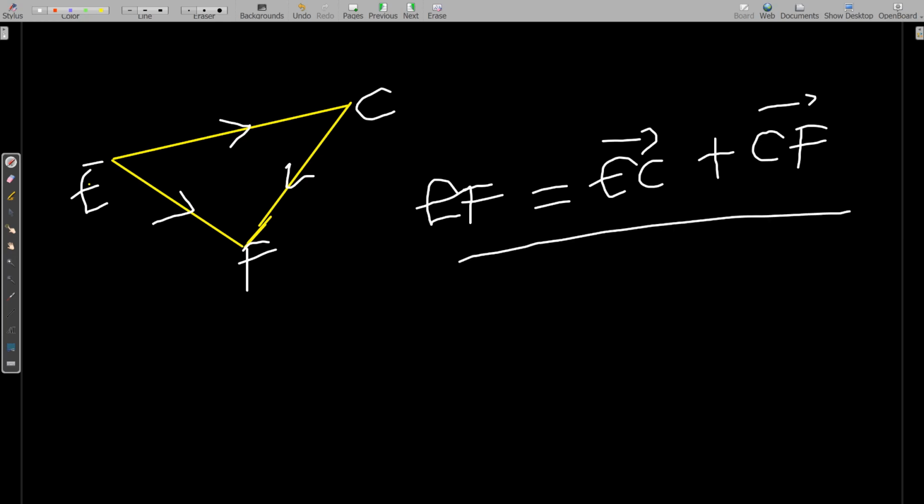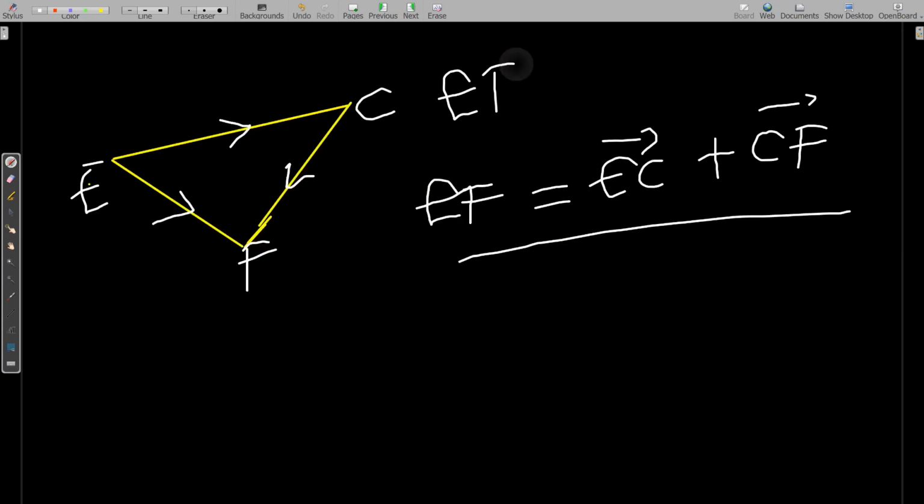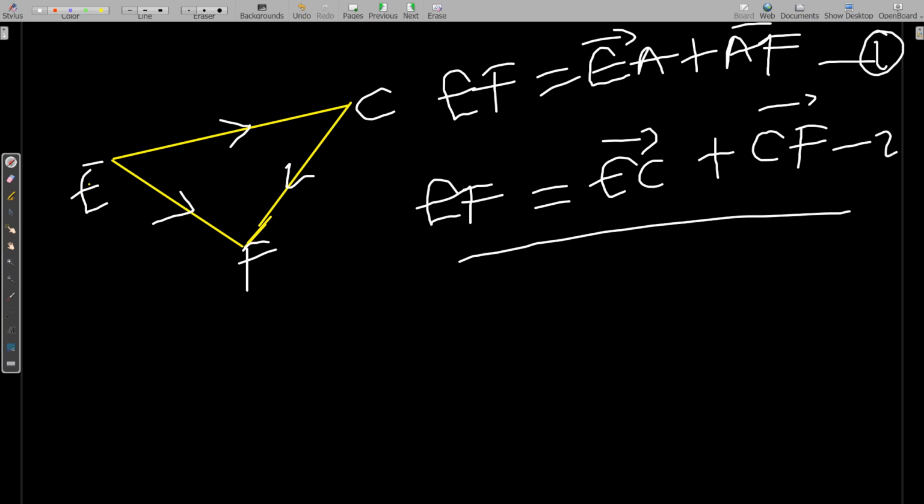Now from the first diagram we had EF being equal to EA plus AF. That's the first one. Let's say this is one equation, and this is another equation. Now let's add these two equations and see.